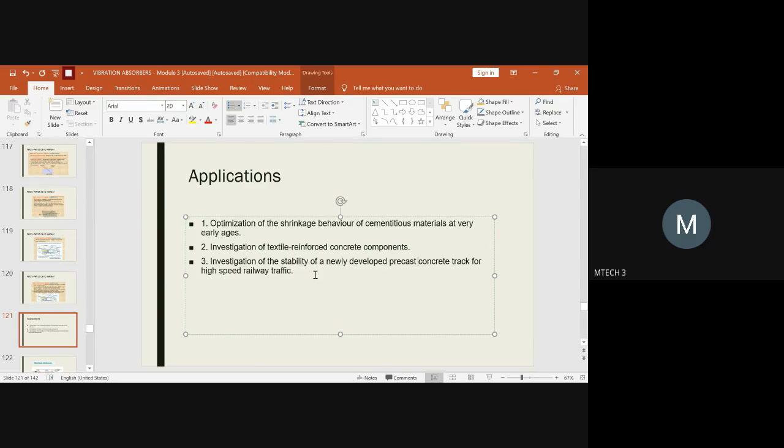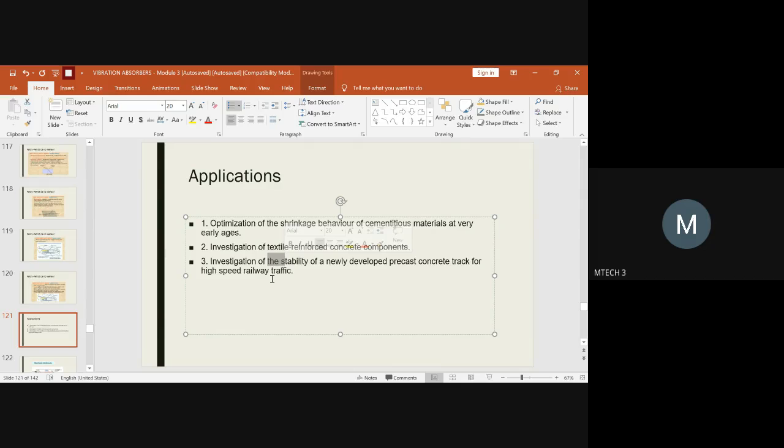One thing to keep in mind when you speak about the Fabry-Pérot cavity sensor is that it mainly concerns the cementitious and concrete parts used in construction. It helps to see the shrinkage behavior of the cementitious material, how well the textile has been reinforced with the concrete components, and thirdly, the stability of the newly built concrete track.